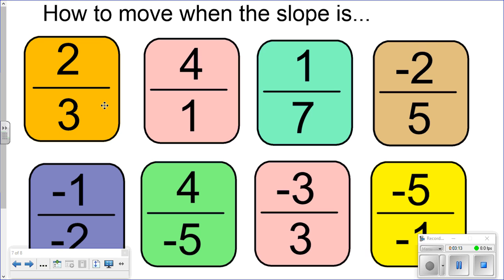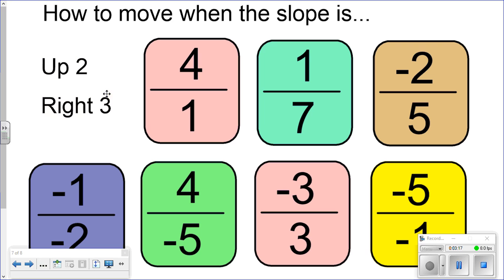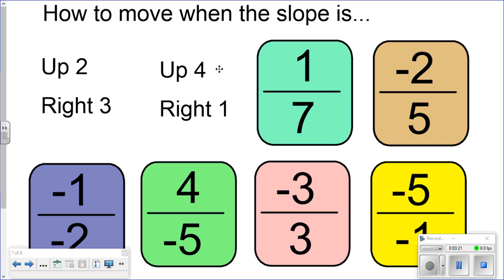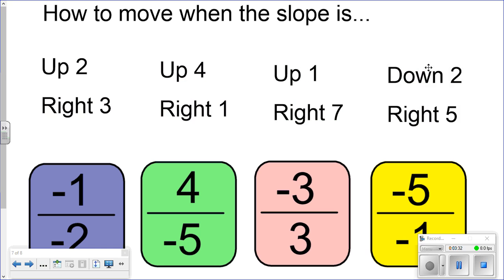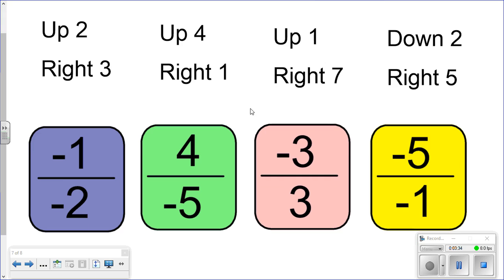So how do you move when the slope looks like this? 2 over 3 would be up 2, right 3. 4 over 1 would be up 4, right 1. 1/7, up 1, right 7. Negative 2/5 would be down 2, right 5.